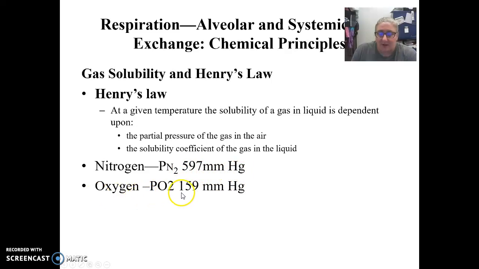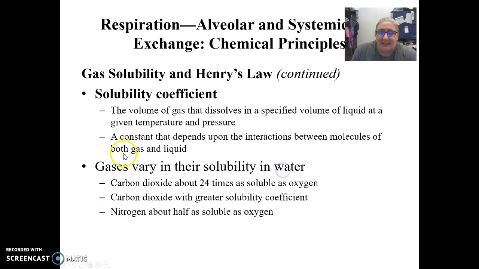Oxygen has a partial pressure of 159 millimeters of mercury. Nitrogen definitely has a higher partial pressure, but the solubility coefficient is basically stating how easy it is for a chemical or an element to dissolve in a solution.